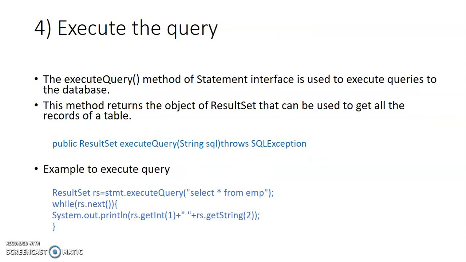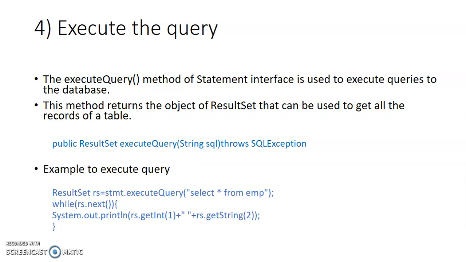Now let us move towards the fourth step. Check out, we have completed 3 steps. The first step was to register the driver, that means to create the translator. The second step is to create the connection, that means to establish the road.